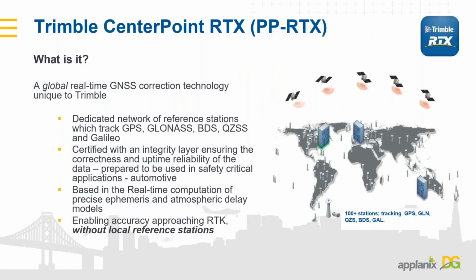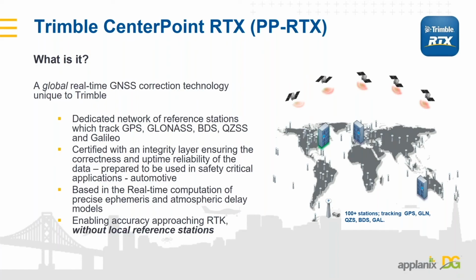Again, now trying to address those types of limitations, Trimble has really been focusing a lot of research and development into their CenterPoint RTX technology. So this is a little bit about what RTX is. This is your global real-time GNSS correction technology that Trimble has created. It uses their dedicated network stations throughout the world to track most of the constellations, including GPS, GLONASS, BeiDou, QZSS, and Galileo.